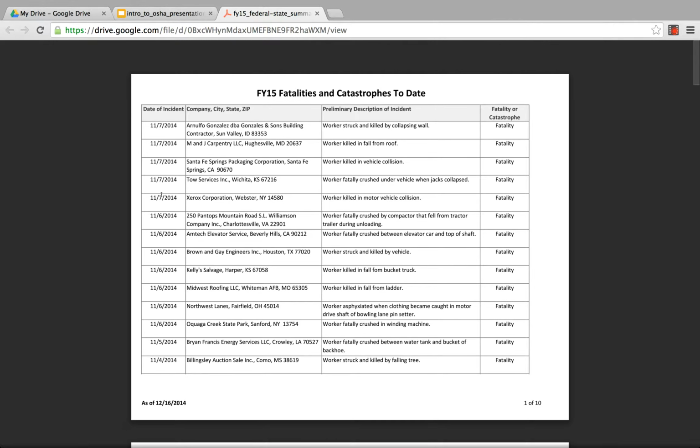You'll see here, this one was struck and killed by a collapsing wall. This worker was killed in a fall from a roof. This one was killed in a vehicle collision. This worker was fatally crushed under a vehicle when jacks collapsed. And on the 7th for Xerox, a worker was killed in a motor vehicle collision.